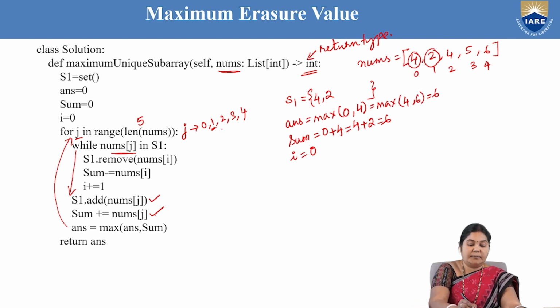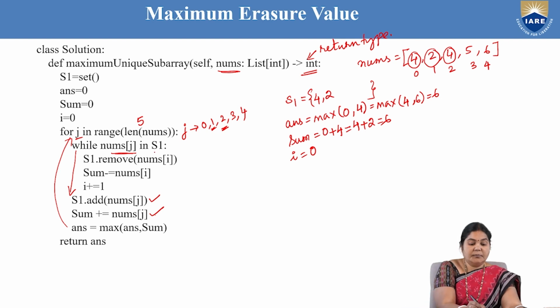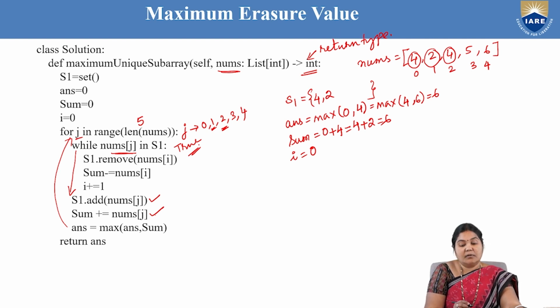Right. In my third iteration, j value is equal to 2. So for nums of j, what value are we getting? It is 4. Now, is nums of j in S1? 4 is there in S1. Yes, it is true. So if it is true, then the set should always contain unique elements. So we have to remove the previous 4.